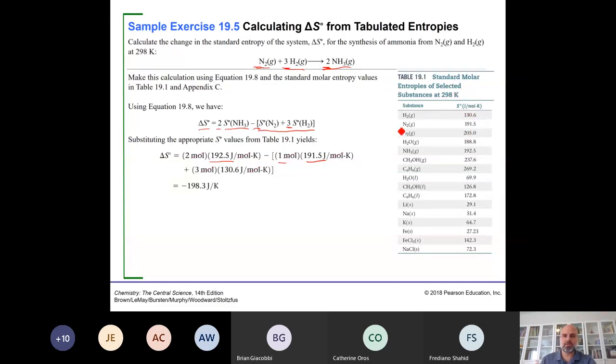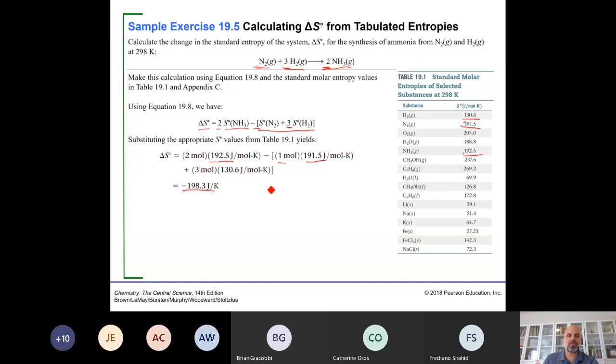We have our 2 times the 192, which is right here, our product, minus the 1 times the 191 for our nitrogen, minus the 3 times the 130, which is coming out of the table here. And we just do the math, and we end up with a change in entropy of minus 198.3 joules per Kelvin.